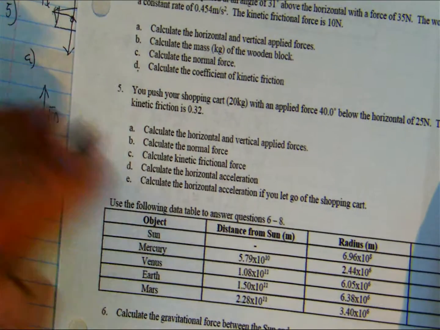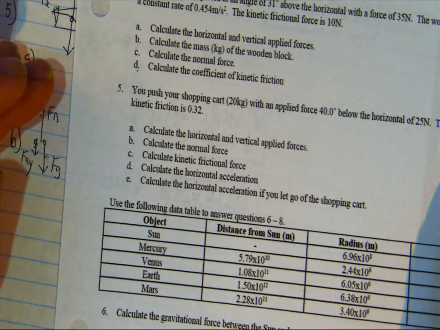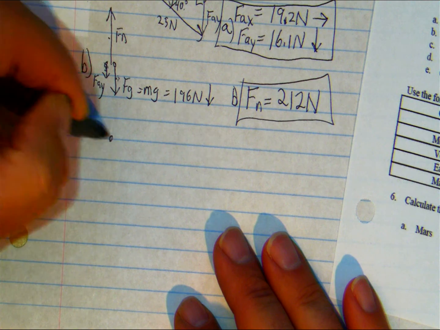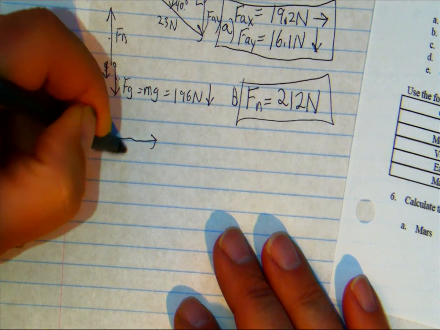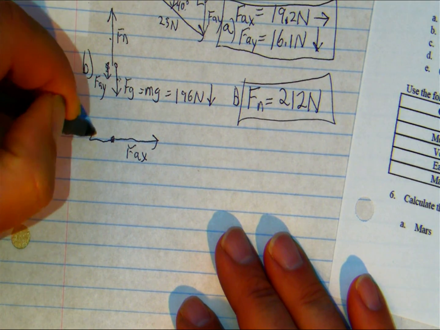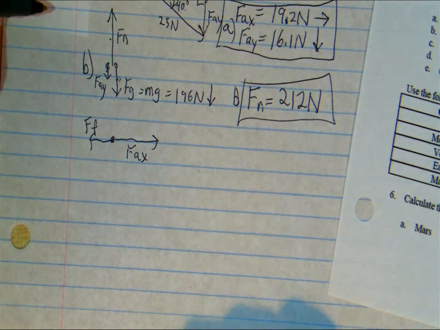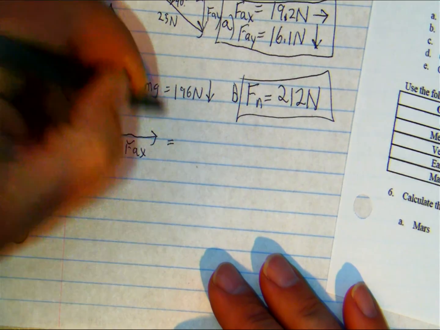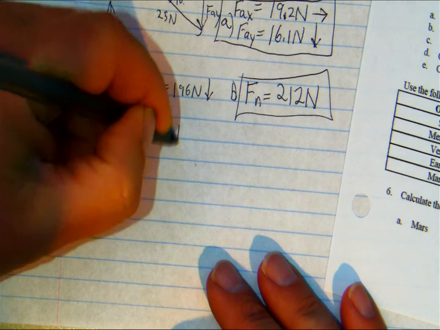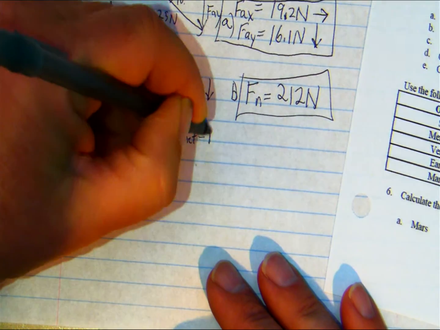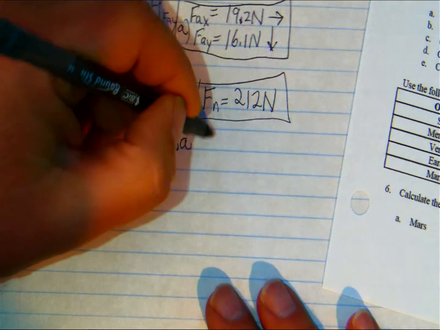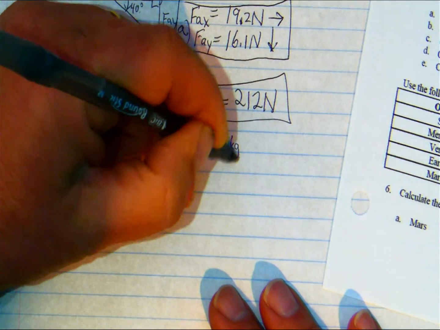Part C, calculate the kinetic frictional force. All right, well, again, looking at the free body diagram in this case, there's the Fx, the x component of the applied force to the right, there's friction opposing it to the left, combined, because I'm canceling the vertical forces. Combined, I have the net force acting to the right, which is the product of the mass of the shopping cart times its acceleration to the right. Now, the mass of the shopping cart is given as 20 kilograms.